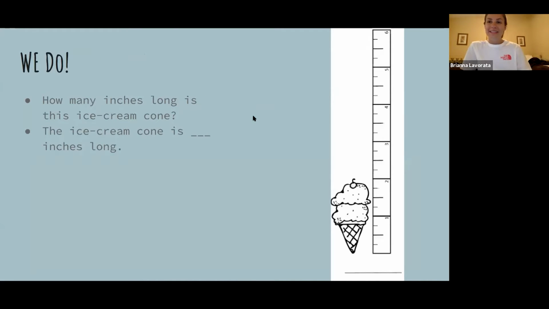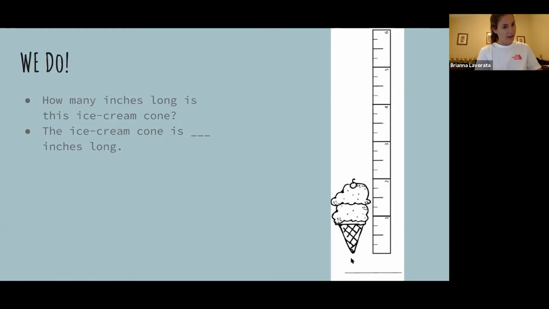So now we're gonna do this together. So now we have here, it says, how many inches long is this ice cream cone? So our object of measurement now is going to be an ice cream cone. We are no longer measuring a pencil.